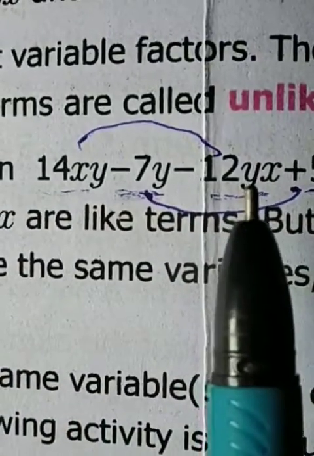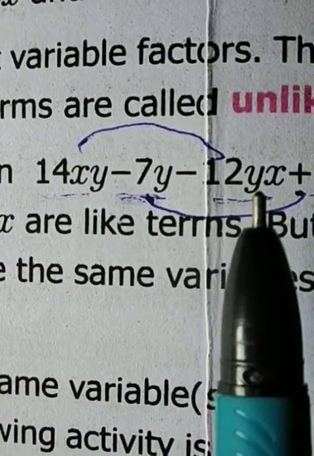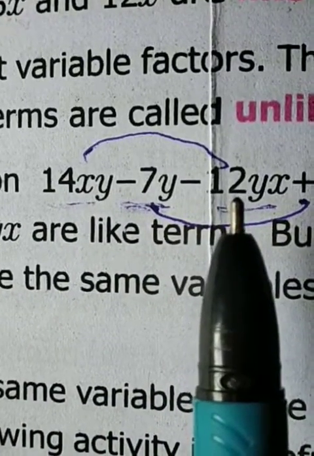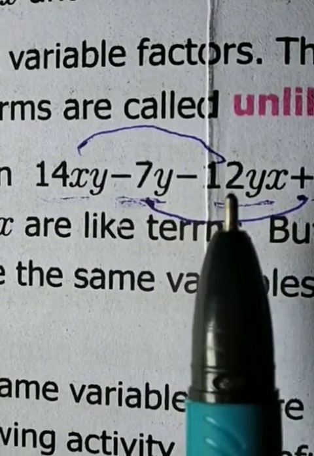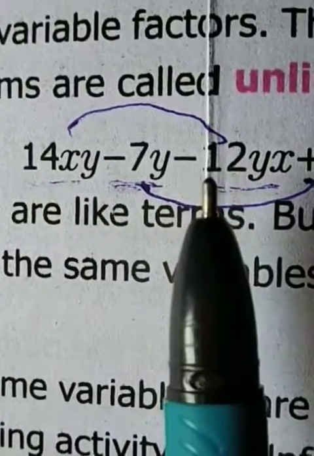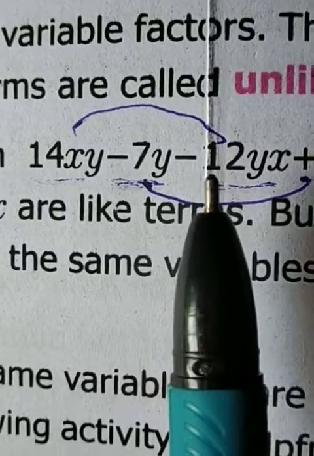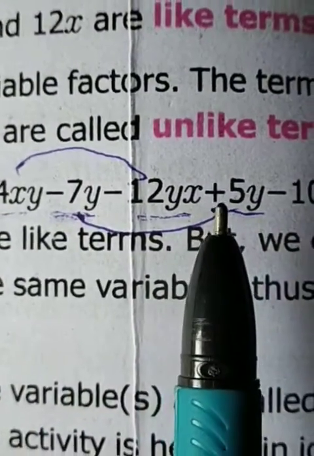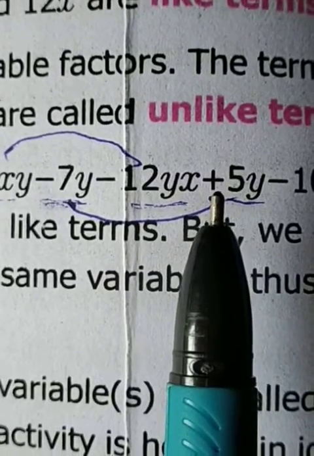Whether you multiply x by y or y by x, you get the same value. So these two terms are also like terms. So the like terms are 14xy and minus 12yx, and minus 7y and plus 5y.